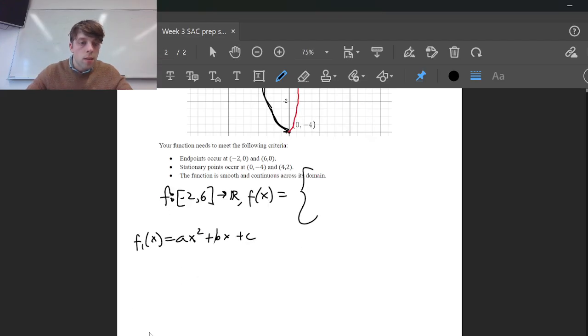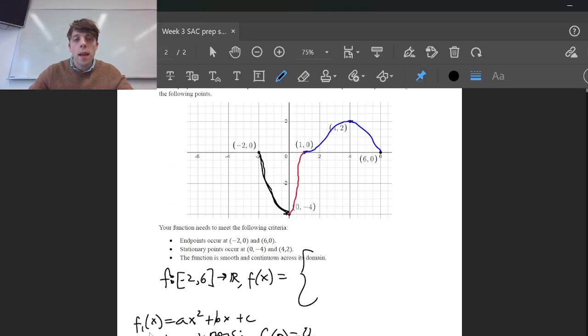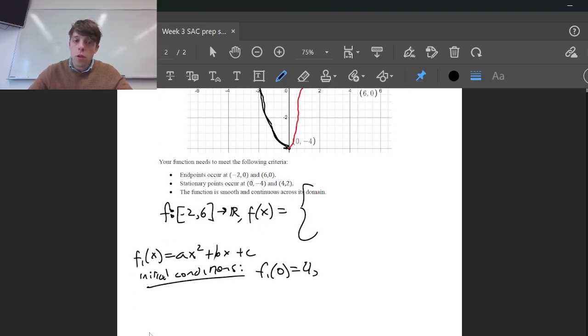Let's write out the initial conditions. They are the following. We have that f1 of 0 is equal to -4. We have that f1 of -2, with an input of -2, is equal to 0. And we also have that the derivative function at point 0 is equal to 0 because there's a minimum there.